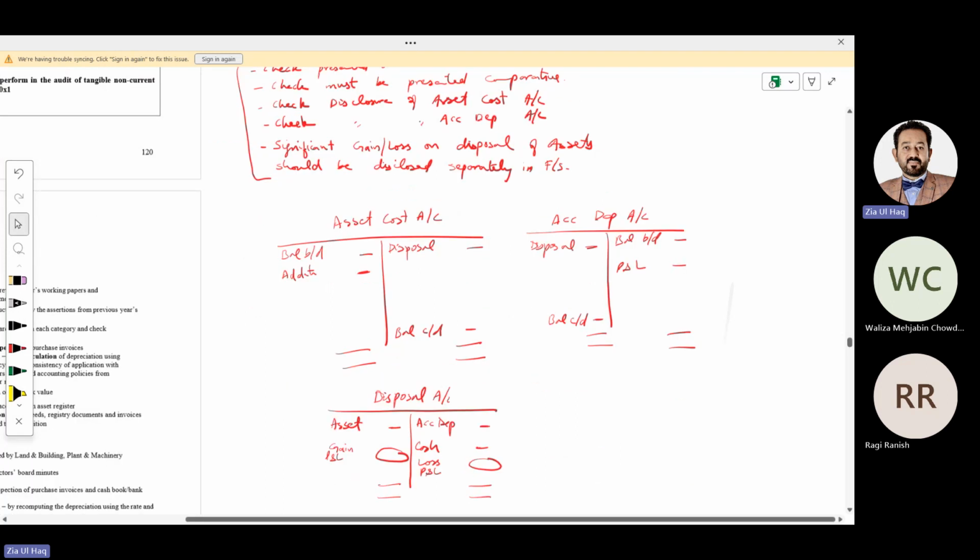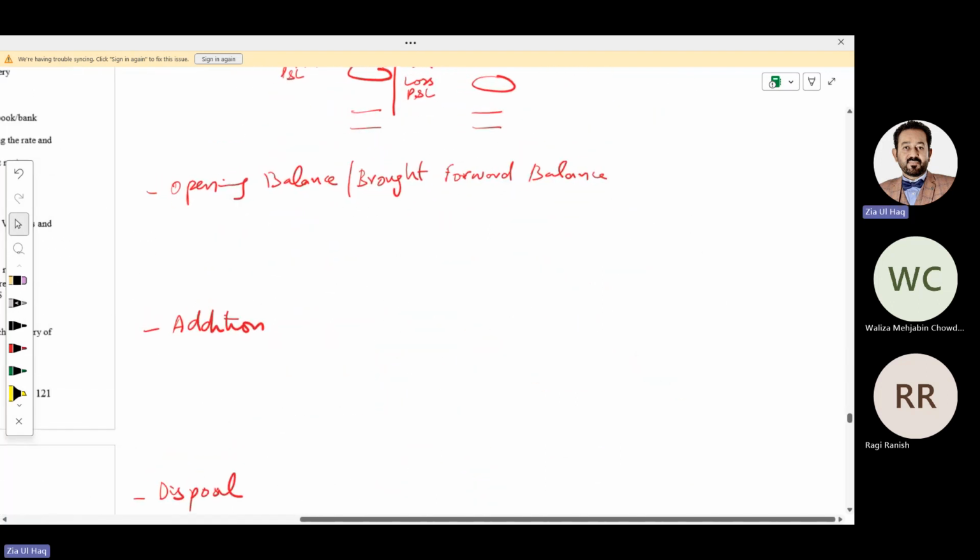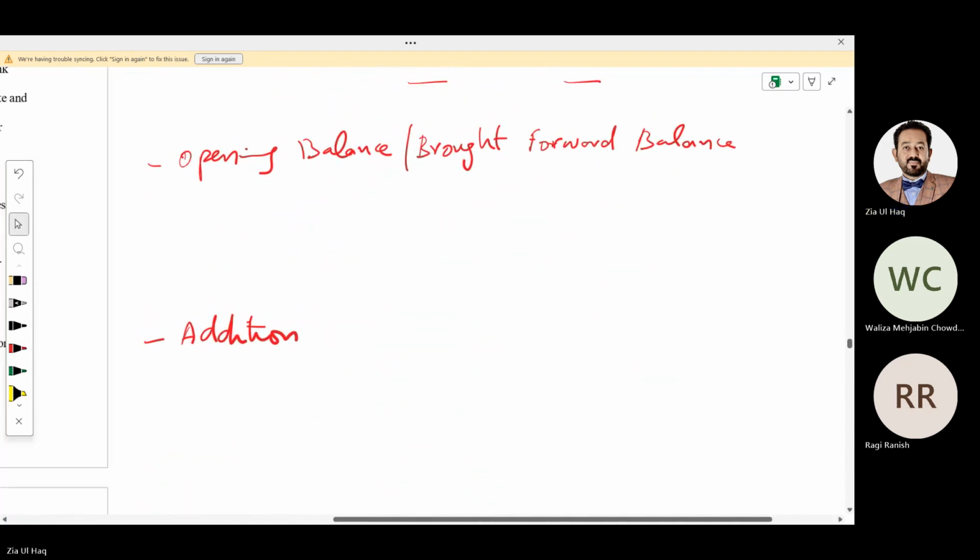How can we verify opening balances, the balances coming from the previous year? We can compare these opening balances with the previous year financial statements to see whether they are similar amounts to the closing balance in the previous year financial statements or not.